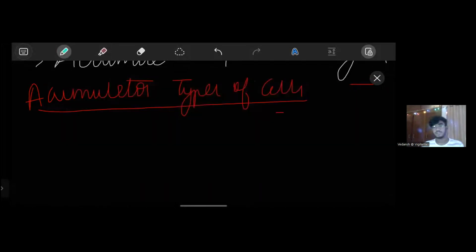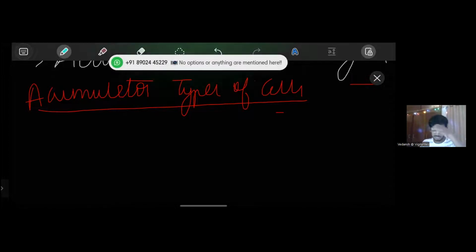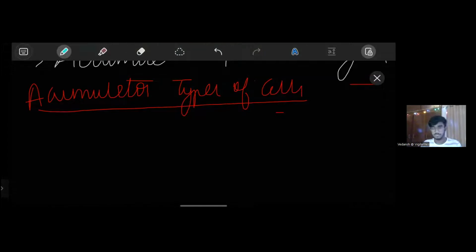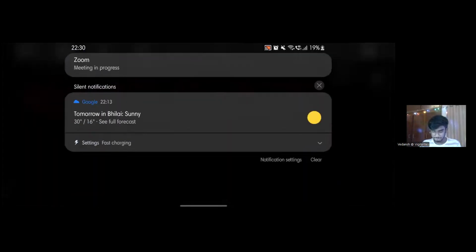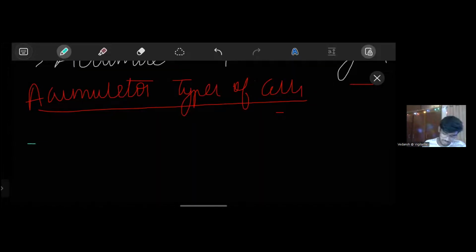This might be a relatively new concept for you all because you might not have heard about accumulators anywhere, but these are actually very common in practice nowadays because we tend to have rechargeable devices.